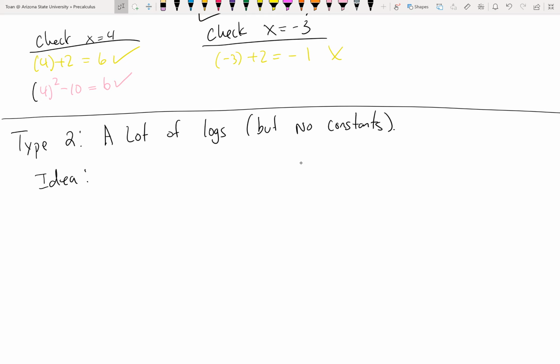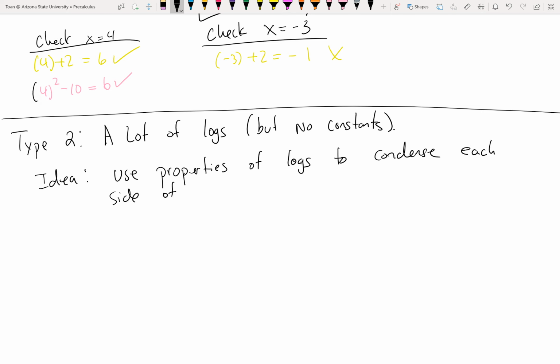So the strategy is to use properties of logs to condense each side of the equal sign and turn the problem into a type 1 problem.